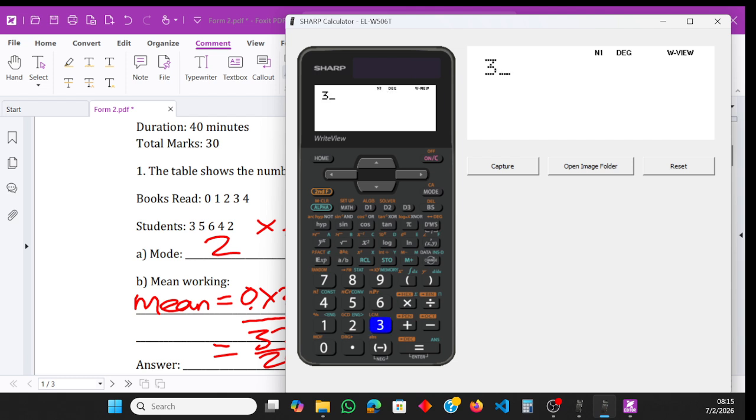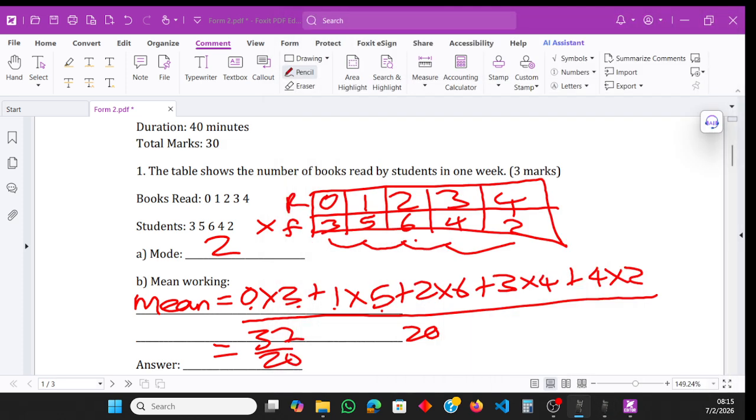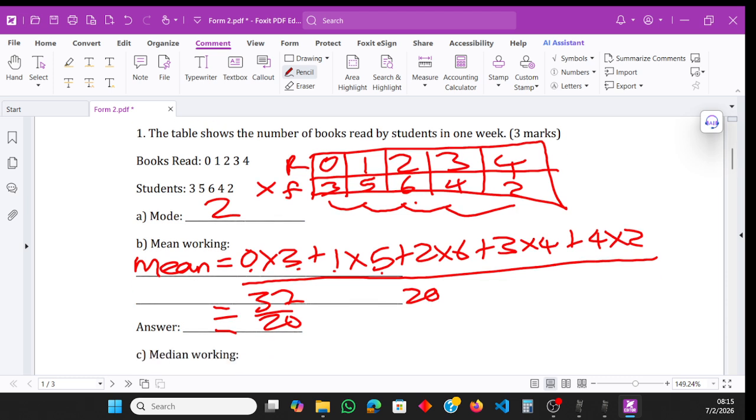So if I say 37 divided by 20, the result is 1 and 17 over 20, but in decimal, it's 1.85. So our final result for the mean is 1.85.